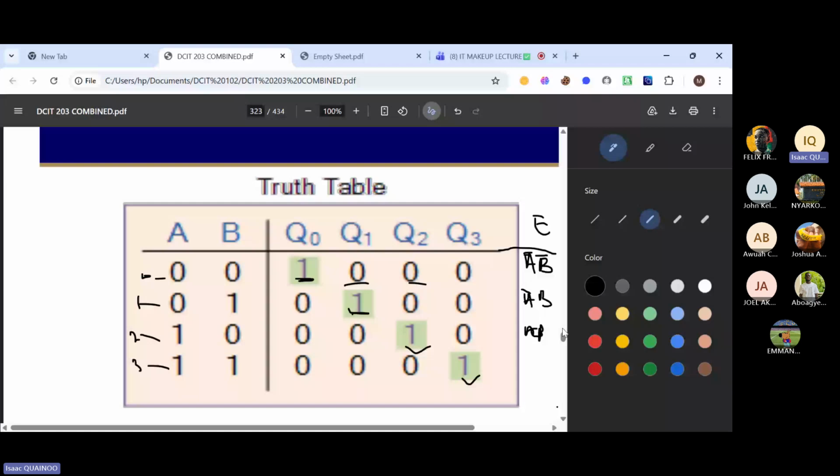And when Q3 is high, it corresponds to 1 and 1, which is A, B. I believe we all got that, right?